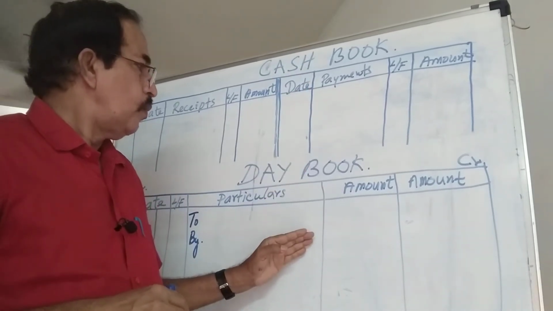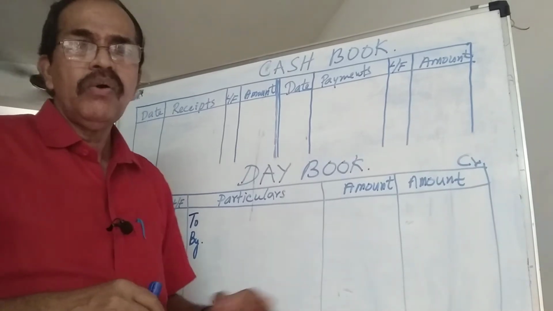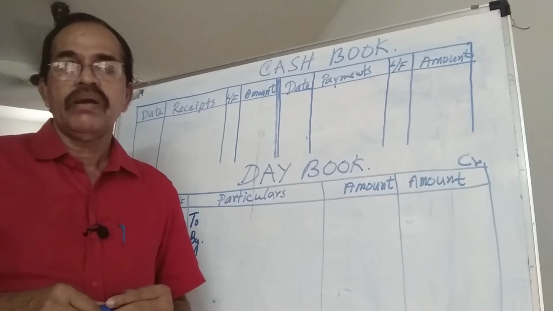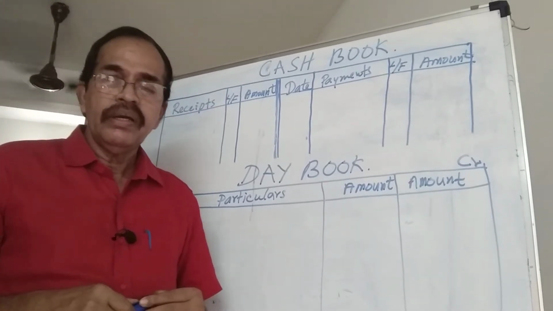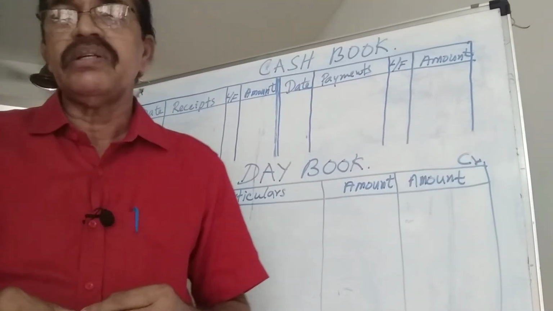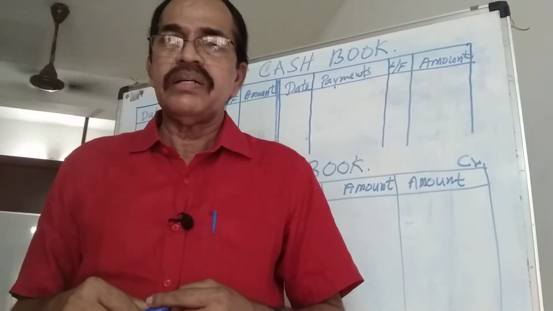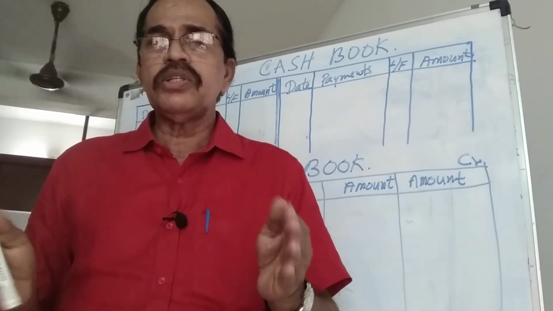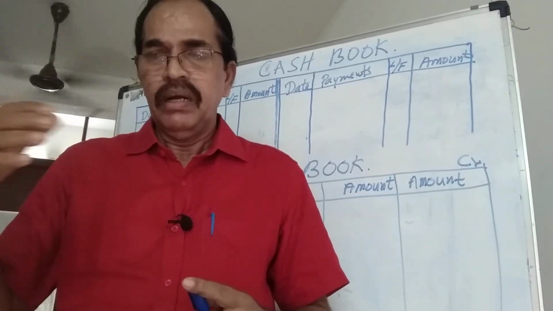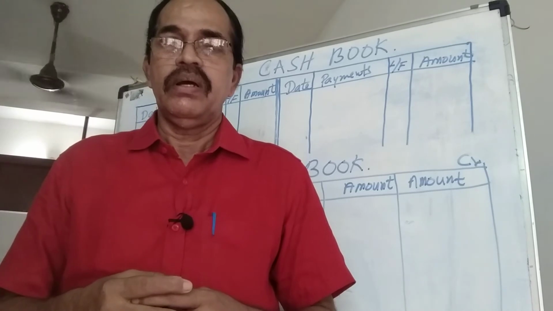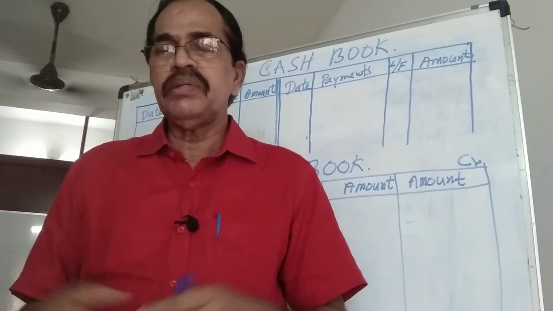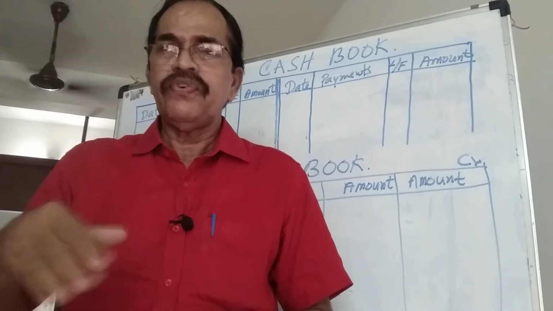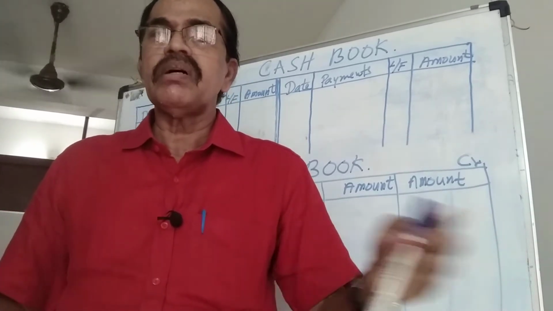Now let us see how transactions are recorded in the day book. Usually, the accountants record transactions from the supporting documents or the source documents that are in front of them. On the table in front of them, there will be a number of files. Each file contains supporting documents.